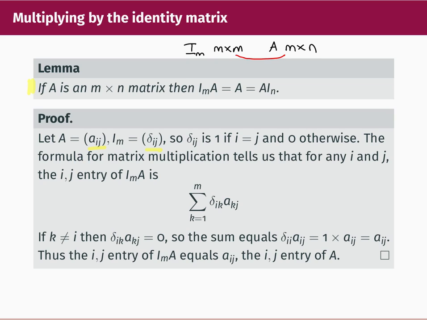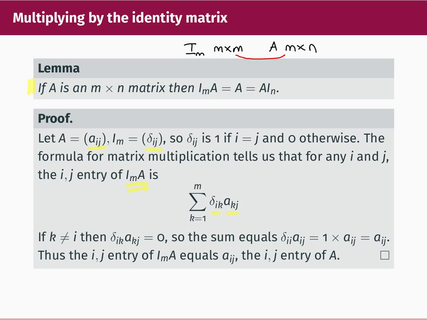The definition of matrix multiplication is that Im A is the m by n matrix whose ij entry is the sum from k equals 1 to m of delta ik times a kj.